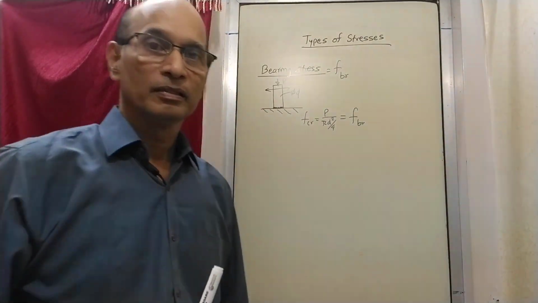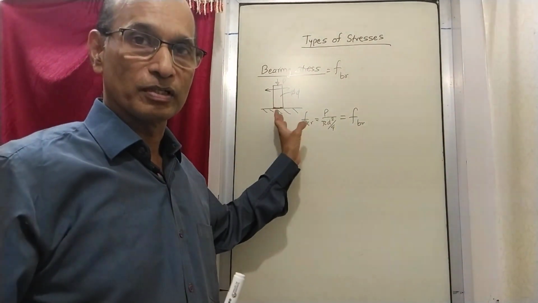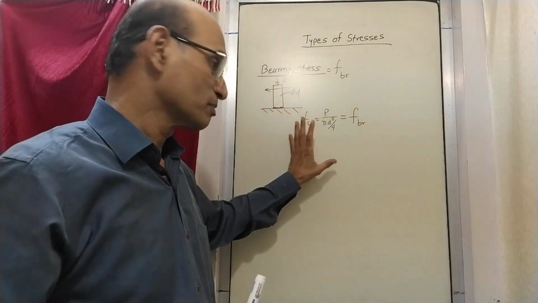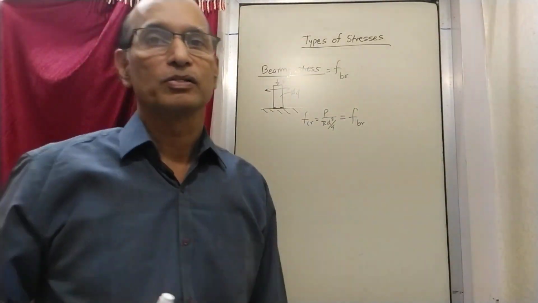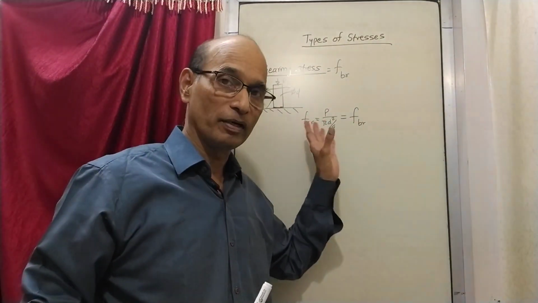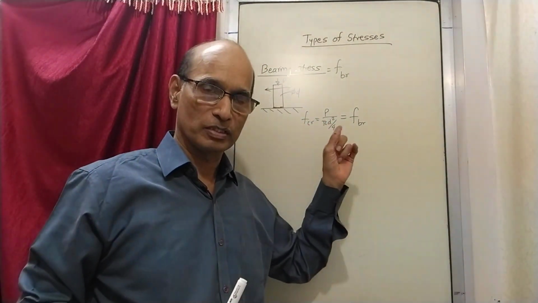Only thing is, this is a worse situation than crushing stress. Crushing stress is better, bearing stress is even more dangerous. So the value of bearing stress that it can bear will be lesser than crushing stress.